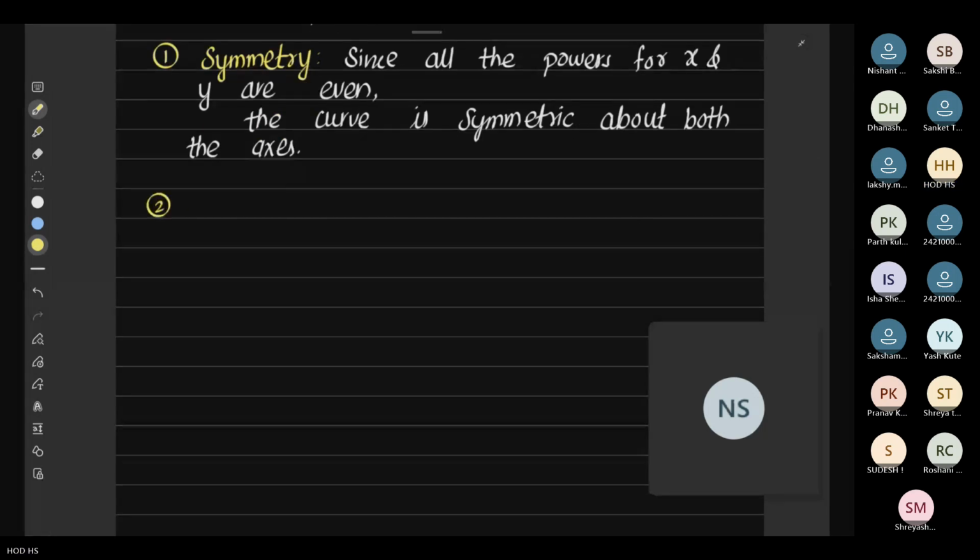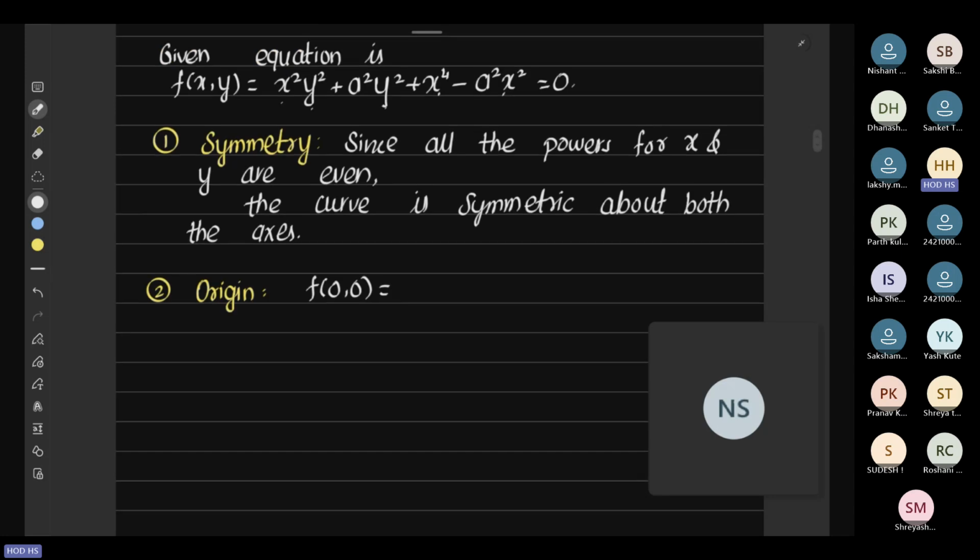Second point, we'll discuss the origin, or whether the curve passes through the origin. To discuss this, we will substitute x is equal to 0 and y is equal to 0. Notice that this term will be 0, this will be 0, this will be 0, and this will be 0. So f of 0, 0 is 0.